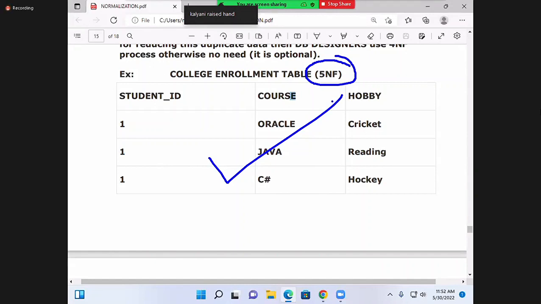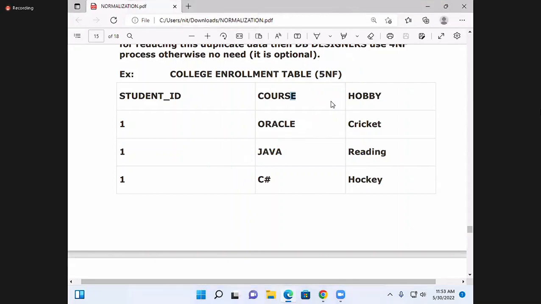Suppose your table has multi-valued columns, but you don't decompose. If you're not decomposing and you're keeping it as it is, then it is called 5NF. If you are decomposing, then it is called 4NF.